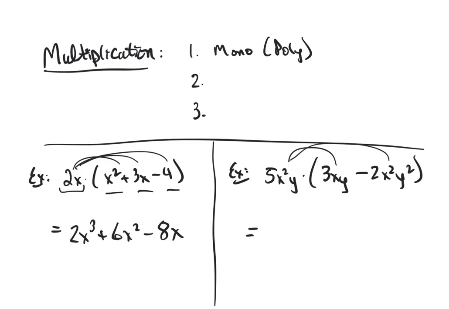So it's going to be 5 times 3, x squared times x, y times y. So 15x to the third y squared. The second, 5 times negative 2, x squared times x squared, 2 and 2 is 4. And then y times y squared, 1 plus 2 is 3. So multiplying a monomial times a polynomial, not bad. It's just simply distributive property.